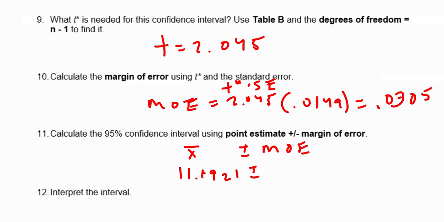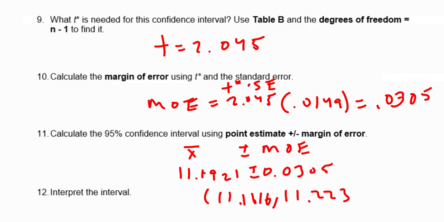So I'm going to add 0.0305, and what we have is our upper bound is going to be 11.2226. And then we'll have a lower bound. If you can do that, you can figure this out too. It's 11.1921 minus 0.0305, and I get 11.1616. And so that is where our interval is.